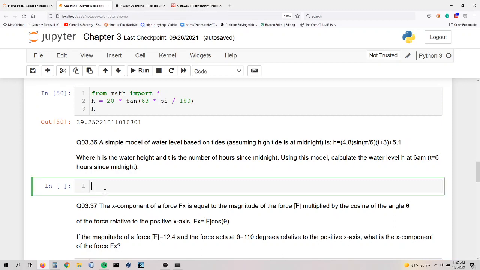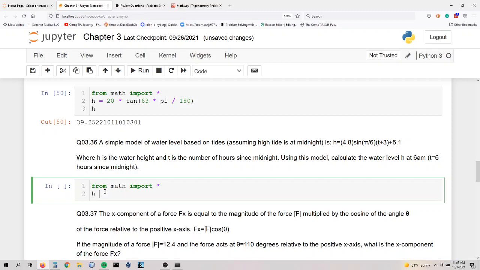Again, we'll go ahead and start from math, import star. We'll give ourselves a variable to store our value. So here it's going to be 4.8 times sine, since it's pi over 6, this should be a good calculation.